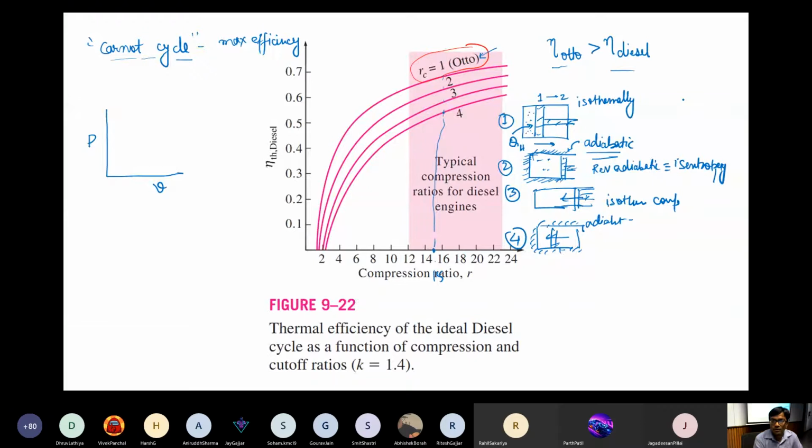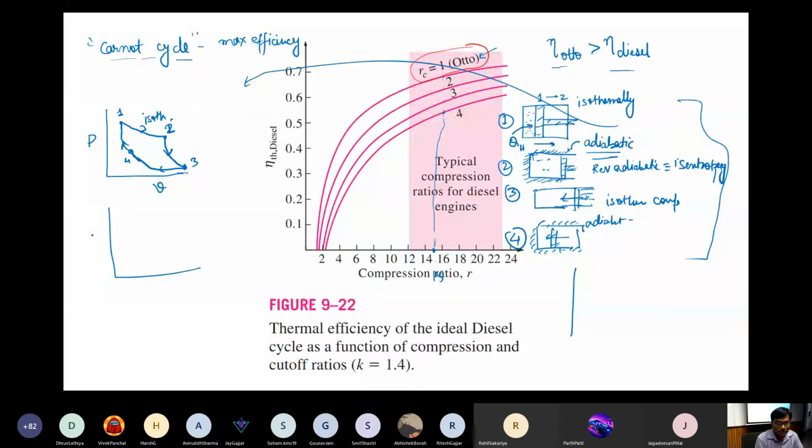So remember we talked about this cycle on my PV diagram: I start from 1, go from 1 to 2 isothermally, then 2 to 3 somewhere here, then we go back this way, 3 to 4 and 4 to 1.